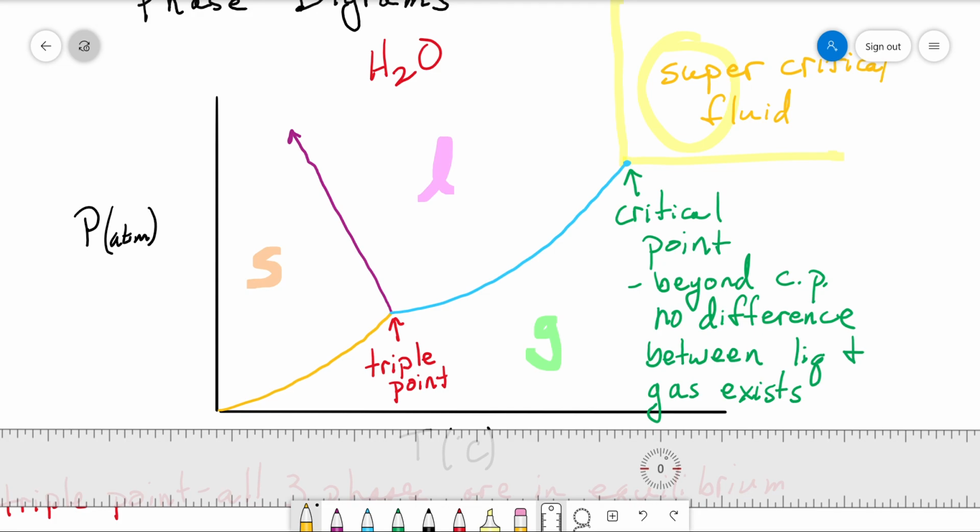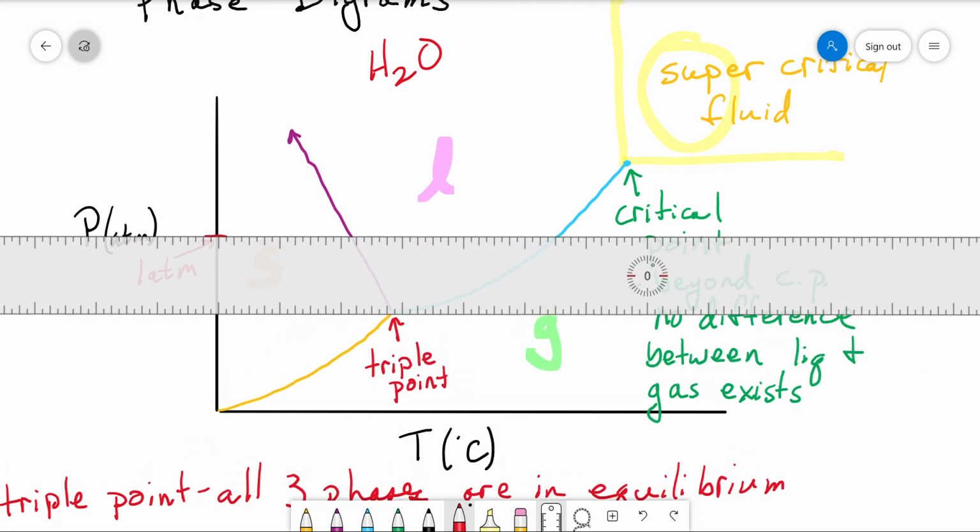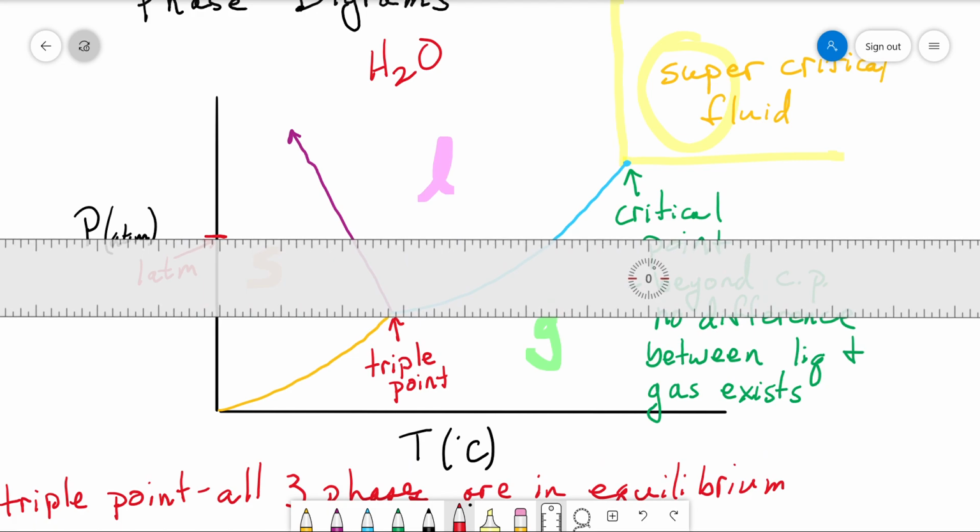All right, now let's put a mark on this plot for 1 atmosphere. 1 atmosphere right there. Okay, let's take our ruler, and I'm going to extend this line, go out till I cross these other lines.